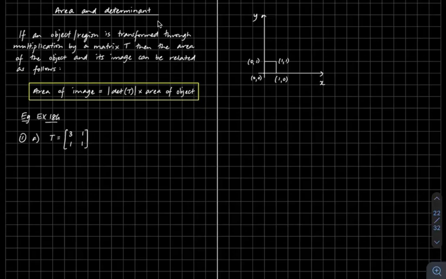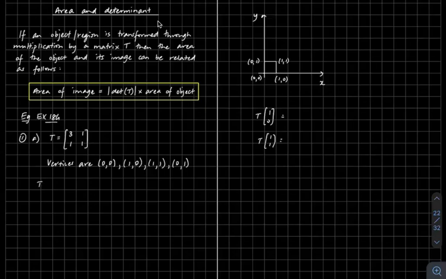So really we want to apply that matrix T as the transformation matrix to each of those points. We could do each of those individually, T times 1, 0 and work out its result, and then T times 1, 1. But I can actually put those all into a single operation. So the vertices 0, 0, 1, 0, 1, 1, and 0, 1, going around in an anti-clockwise order.